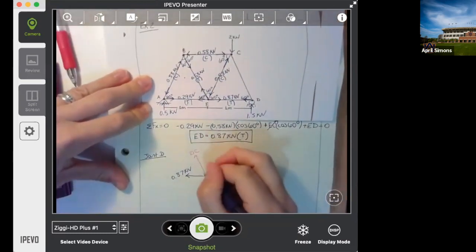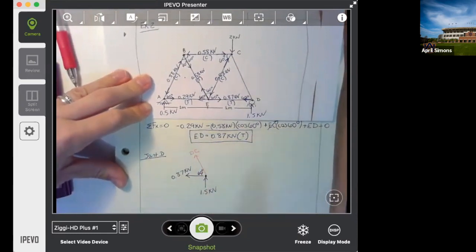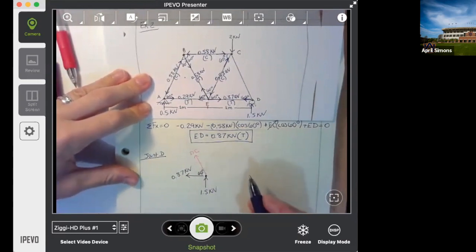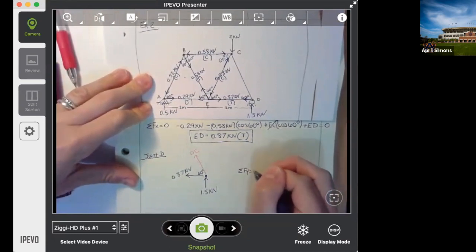Okay, so we know that this angle is 60 degrees. Looking at this one, we could solve for forces in the X or the Y to get DC since it has both components. I'm just going to sum the forces in the Y equal to 0.